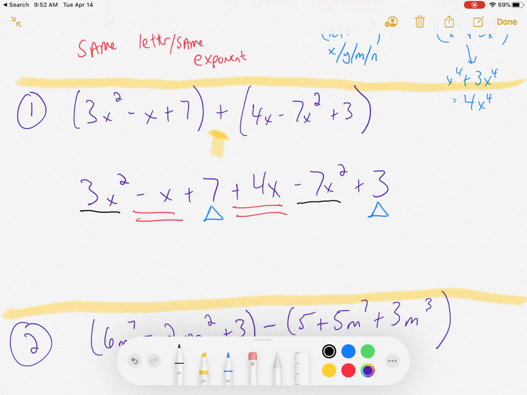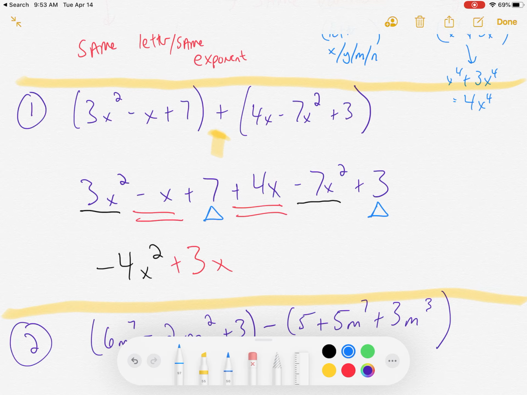So in other words, let's look at just my x squareds, or the things that are underlined in black. What is 3x squared minus 7x squared? Well, what's 3 minus 7? You should get negative 4x squared. Okay, next up, what's my red ones, just my x's, negative x plus 4x. Well, negative 1 plus 4 would give you plus 3x.